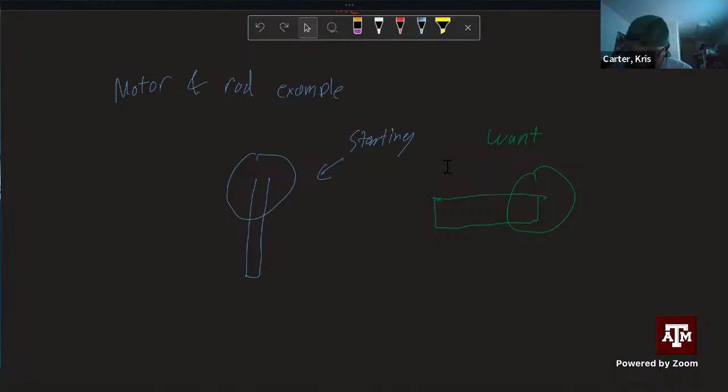But how do we get there? So there's actually an equation that we're given that we can use to calculate that, to find the target force that we need. So we need a certain amount of torque.